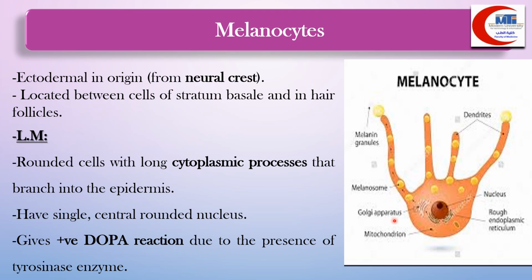By the light microscope, the cells appear rounded with long cytoplasmic processes that branch into the epidermis between the keratinocytes. They have single rounded central nuclei, and the cells give a positive DOPA reaction due to the presence of tyrosinase enzyme.